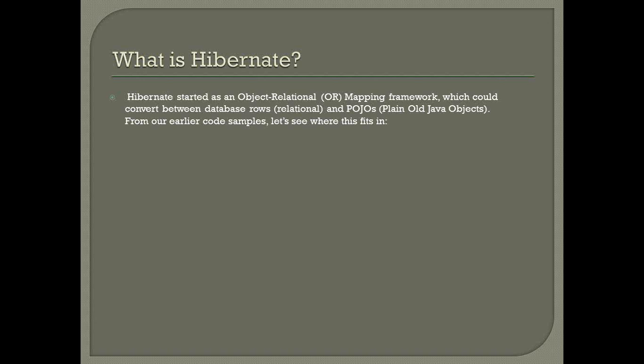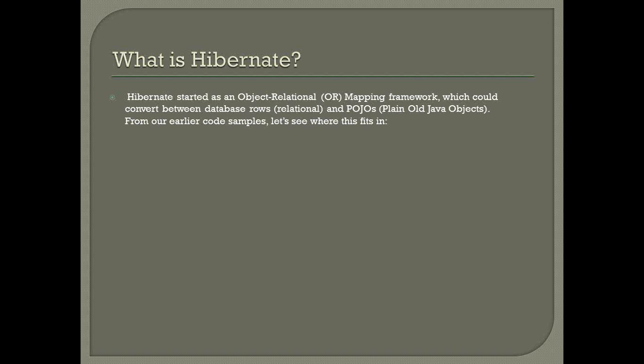That's why it's object relational: the object stands for your Java object model, and the relational would be your relational database tables. It started off with a mapping framework where you could just configure which columns of which table map to which attributes of which class in your object model, and you wouldn't have to write any mapping code and all those setter methods which you saw. So it started with that.